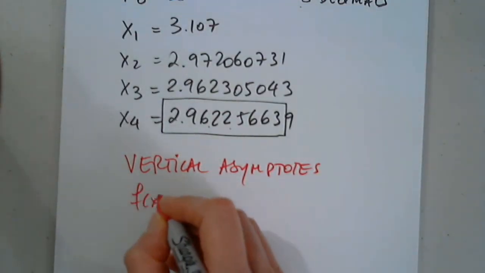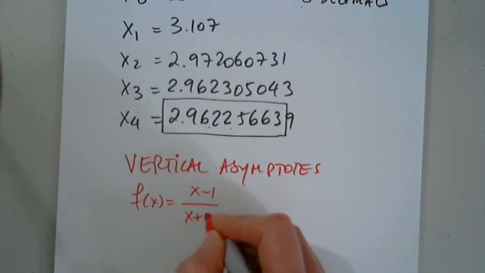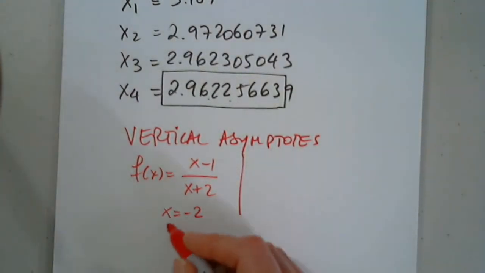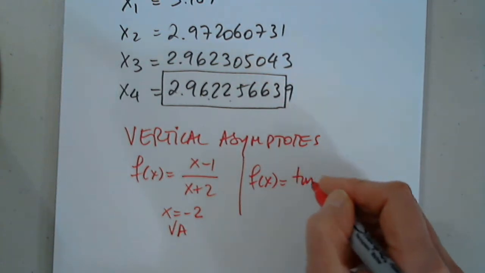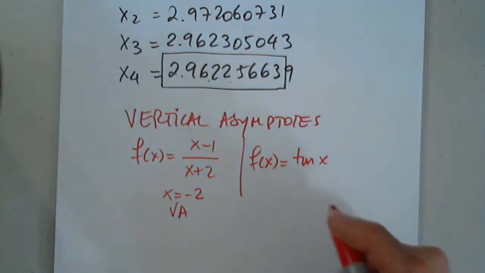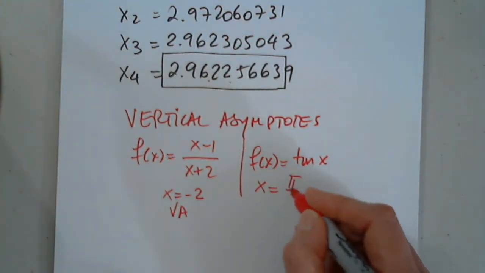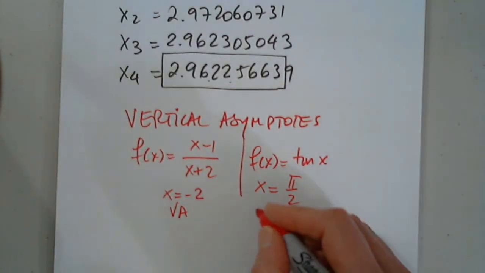We can have a function like this, x minus 1 over x plus 2. This one has a vertical asymptote at -2. That's a VA. We can have f of x equals tangent x, and this one has infinitely many vertical asymptotes. The first ones would be pi over 2, negative pi over 2, etc. So this is another VA.